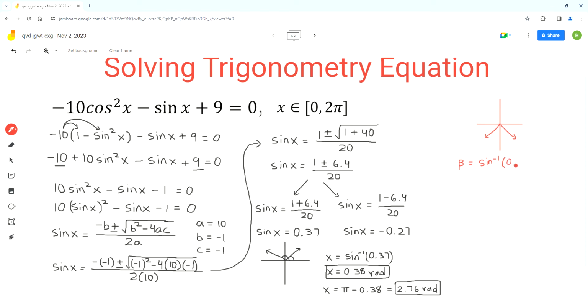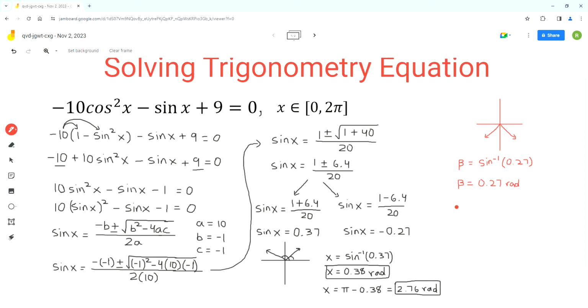For the reference angle, we ignore the negative sign. So we get 0.27 radians. So this is the reference angle or the related acute angle.